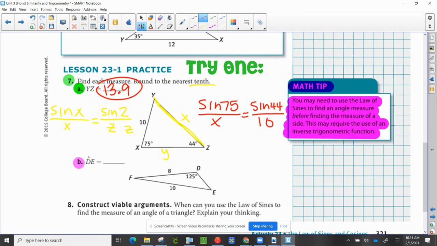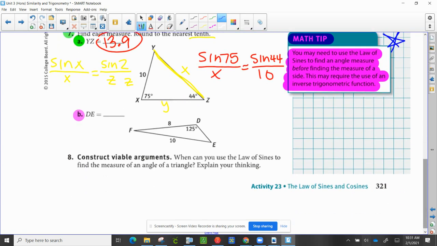All right, let's look at B. Now B is going to be a little trickier because we are only given one angle. So look at this math tip over here. It says you may need to use the law of sines to find an angle measure before finding the length of the side. So if they want us to find DE, let's call this side little f, we've got side little d, and side little e.